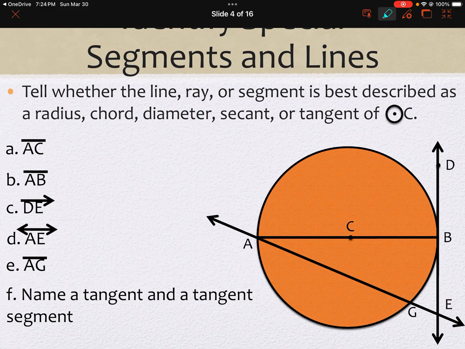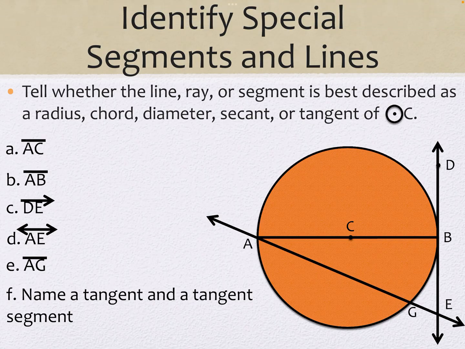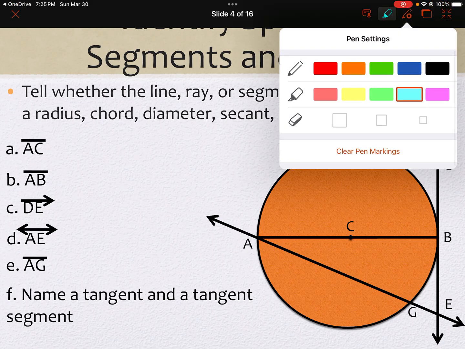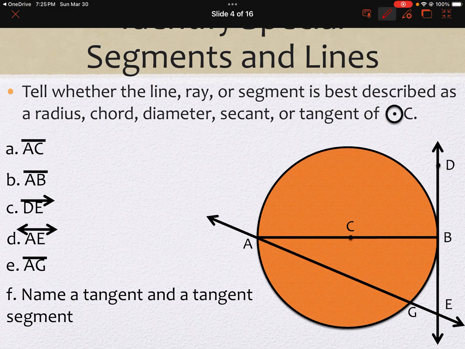Let's do some examples. Identify special segments and lines. Tell whether the line, ray, or segment is best described as a radius, a chord, a diameter, a secant, or a tangent of circle C. Segment AC.